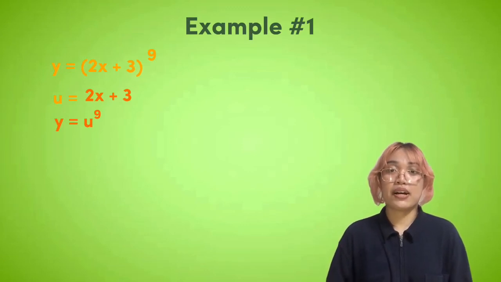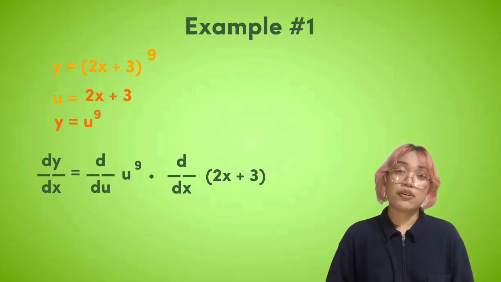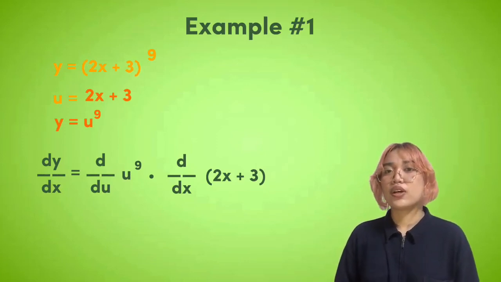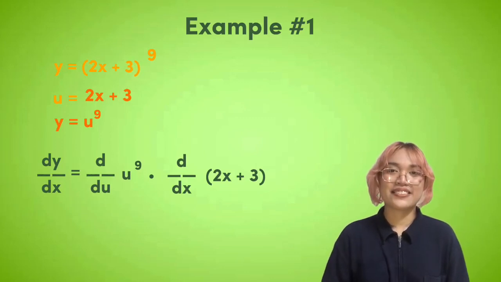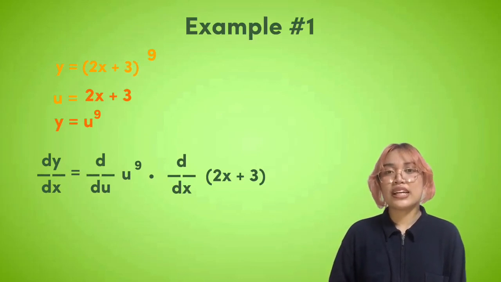Let's now start by writing down dy over dx is equal to the derivative with respect to u, write down u raised to 9. Then, times the derivative with respect to x, write down the quantity of 2x plus 3.